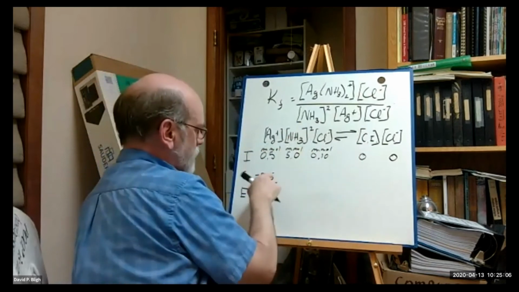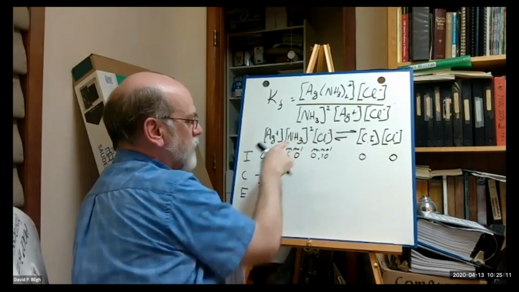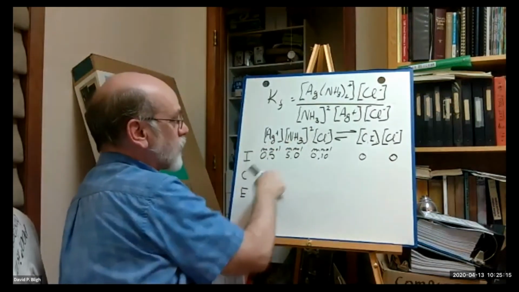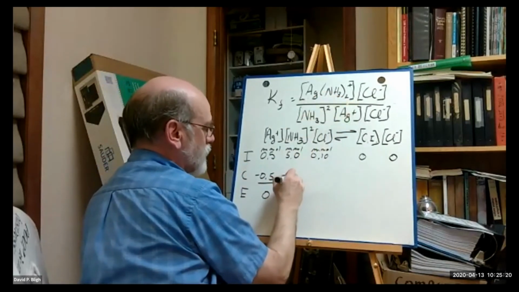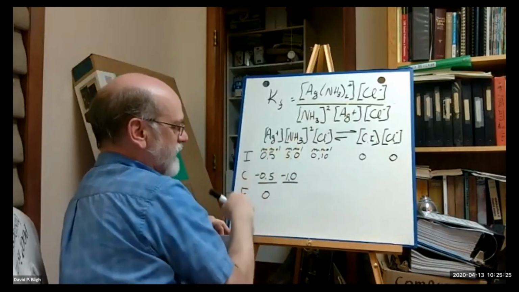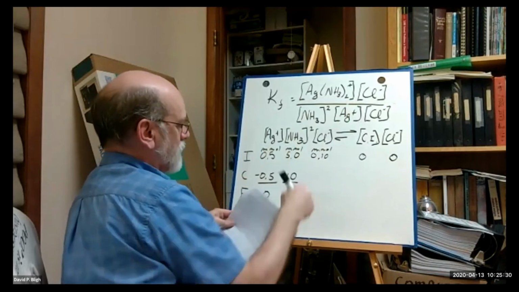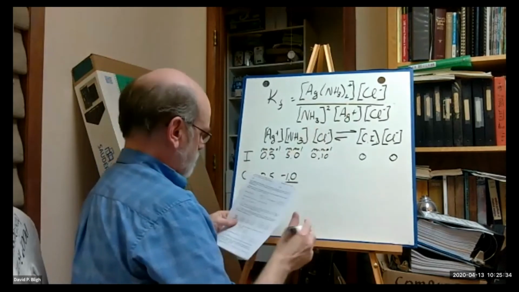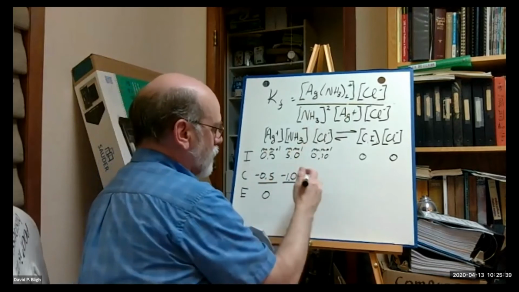If we use up the silver to make that ion, how many millimoles of ammonia does it take to match 0.5? Well, it takes twice as many, right? There's 2 of them for every one of these, 2. So that means we're going to use up that much of this added amount. Actually, we don't need that right now. And then we're also going to use up all of the chloride.